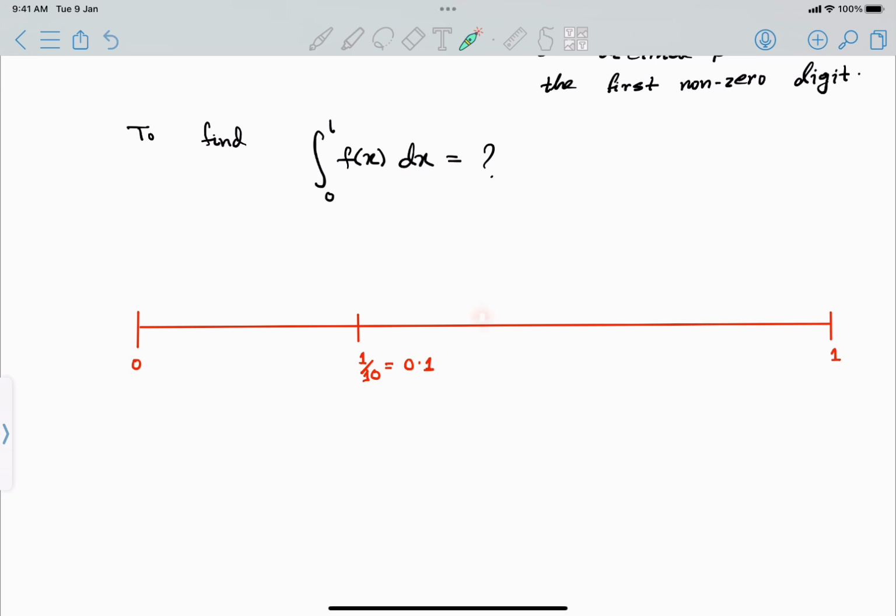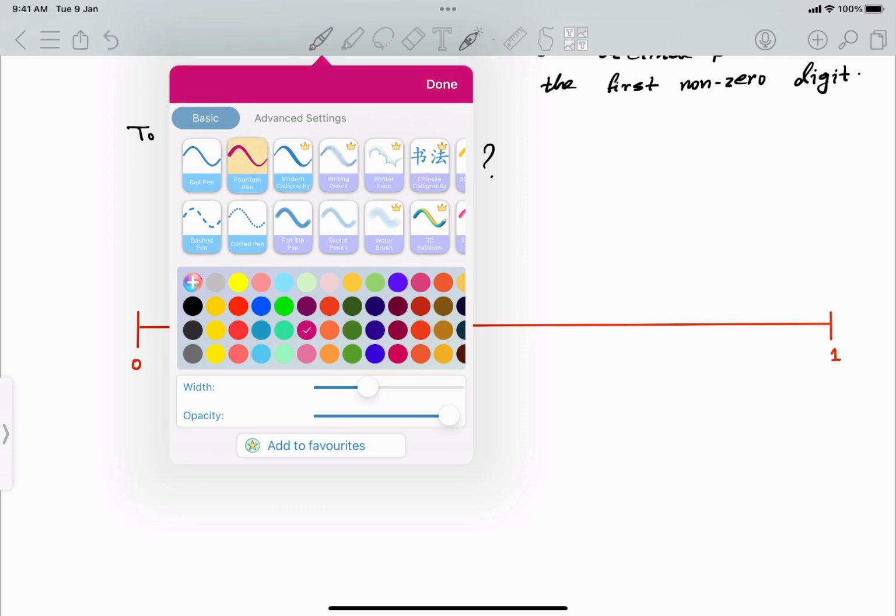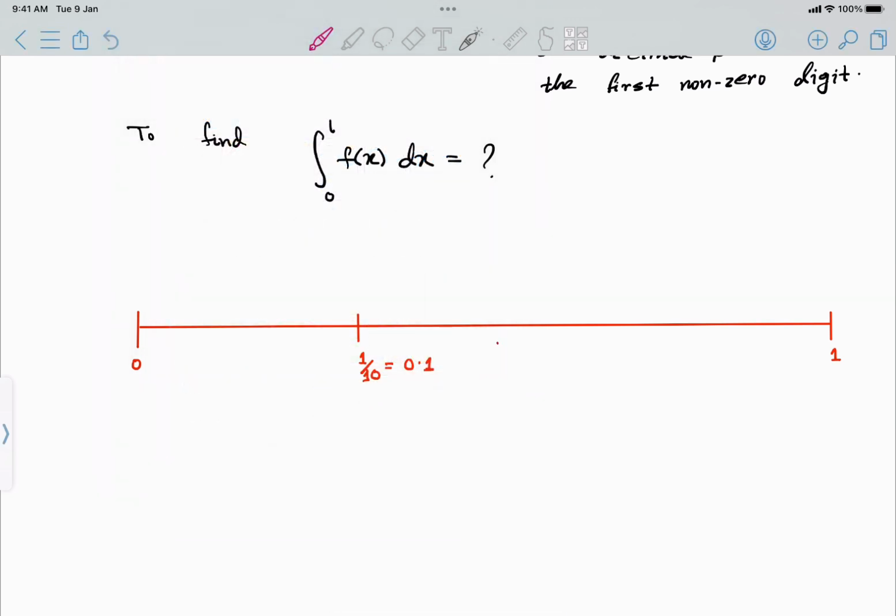So every number here will be like 0.2, 0.3, up to 0.9 and 1. All the numbers have a non-zero first digit after the decimal point. So for this part n will be 0, which is why we do not need this part in the expansion.